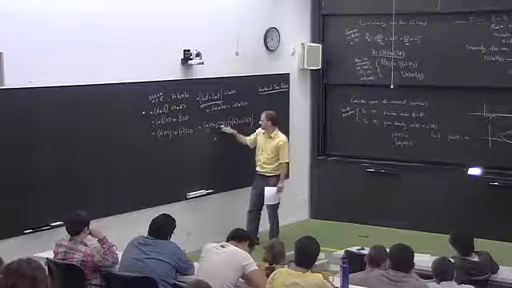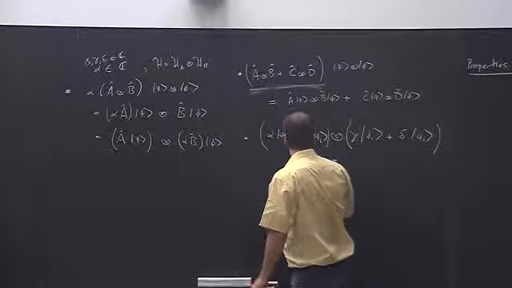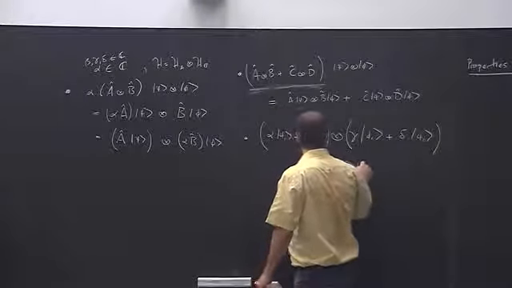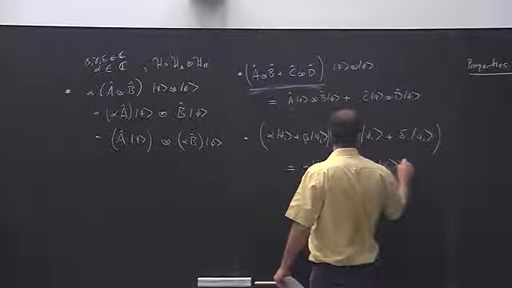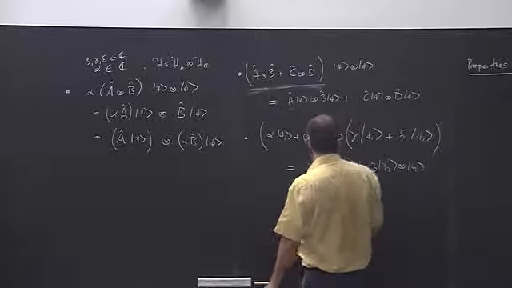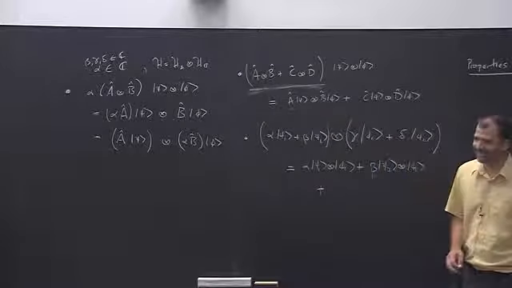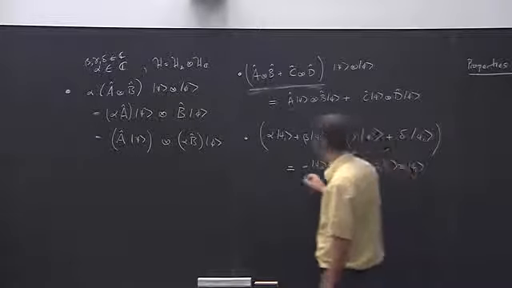So I'm going to just write this out as alpha psi 1 cross phi 1 plus beta psi 2 cross phi 1 plus, okay, I already made a mistake. What am I missing? I missed my gamma.